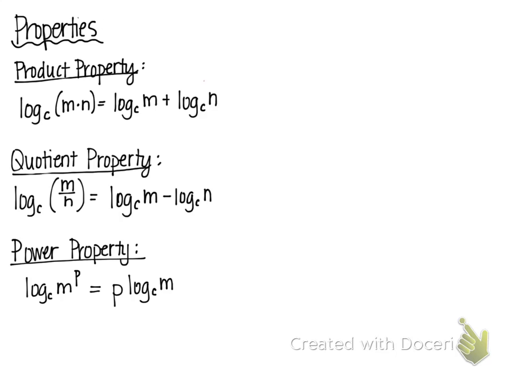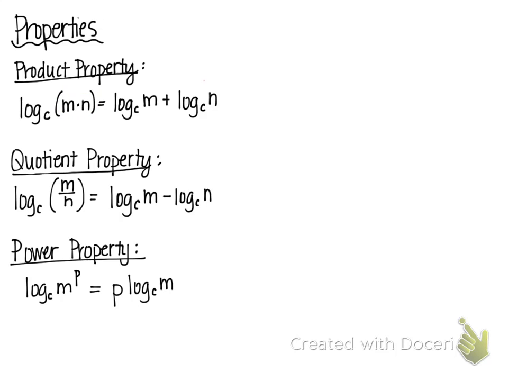Sometimes we need to solve them, and sometimes we just need to rewrite them in a different way. The first property is the product property. If you have a log with some base C, it doesn't matter what the base is, it could be 7, it could be 1,000,000, and inside you've got 2 things being multiplied, m times n, hence why it's called the product property.